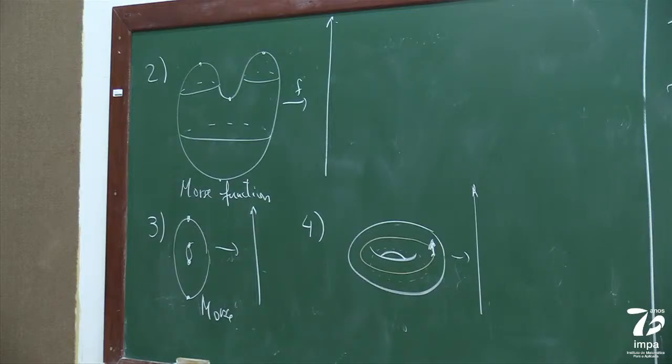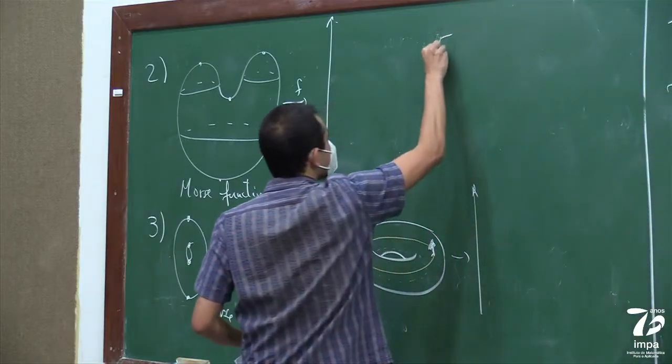Okay, so let's talk about the abundance of Morse functions. I already told you that, maybe I should write this down. Maybe this is the fifth example.